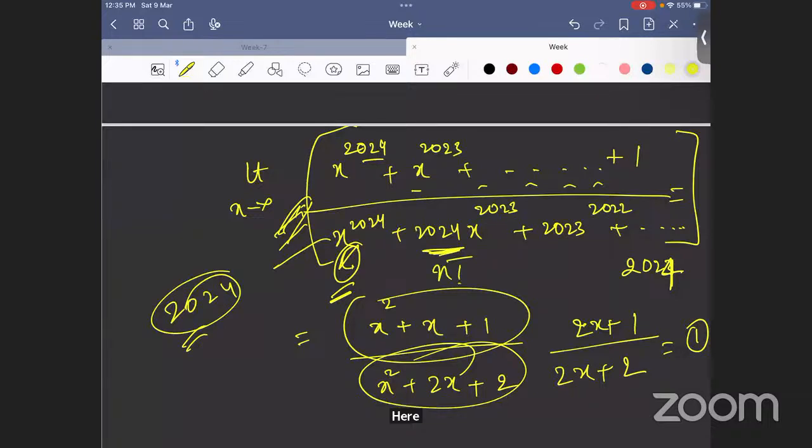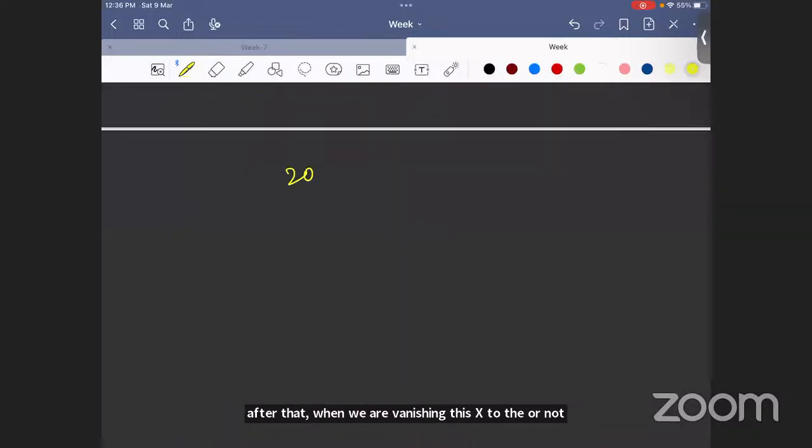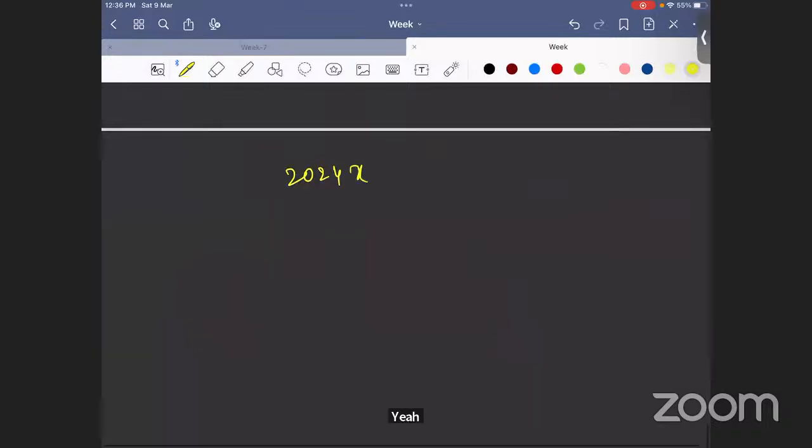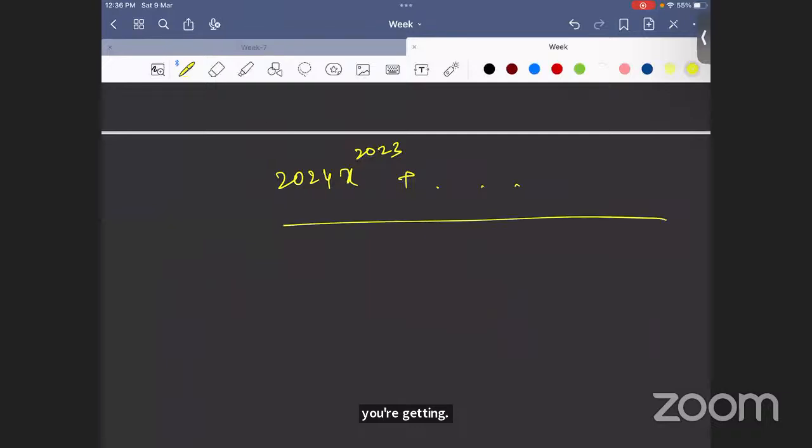No, but after 1 plus differentiation, x will vanish, and after that when we are vanishing this x to the power 4, 1, na? Second. Is 2024, correct? You are differentiating, correct? So you'll be left with x to the power 2023, correct? Yeah. Plus again, you'll get 2020. So whatever you are getting, okay, this is basically in the same pattern.